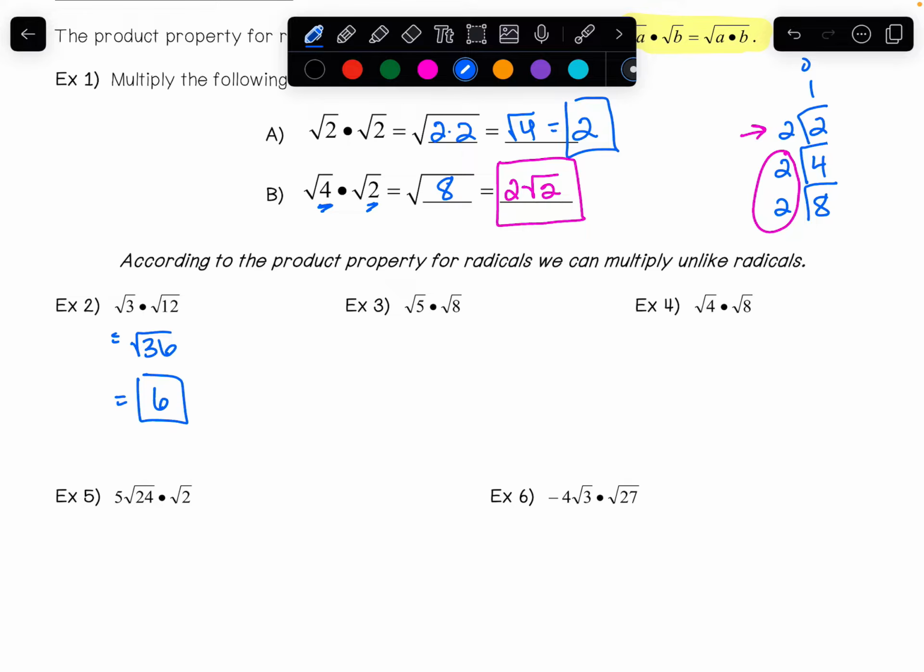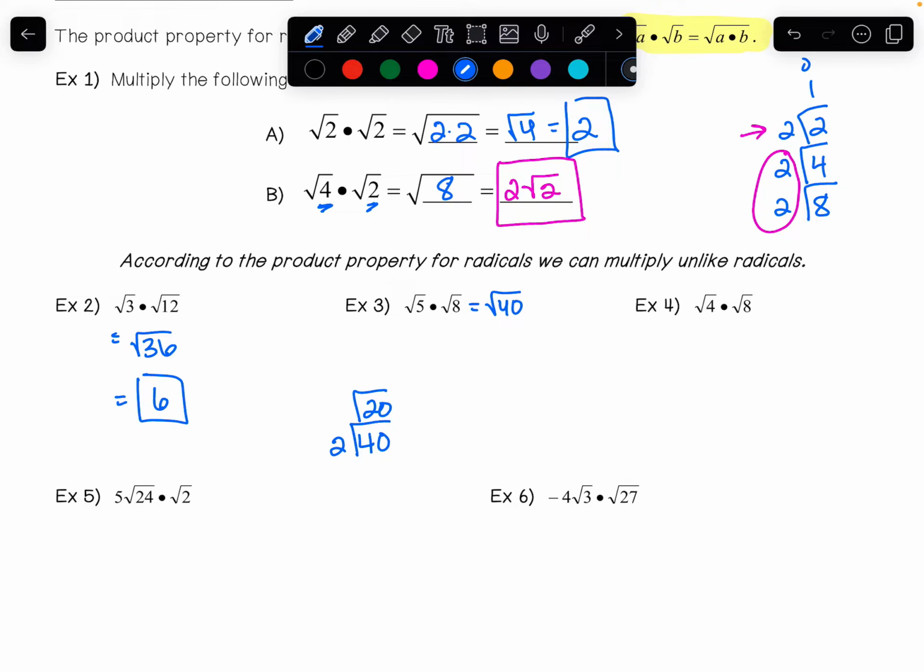Let's try that again with example 3. The square root of 5 times the square root of 8 will give us the square root of 40. Is 40 a perfect square? No, so I'll have to do the birthday cake to simplify that. The smallest prime number that goes into 40 is 2, it goes in 20 times.